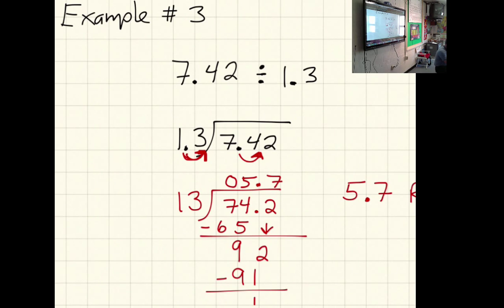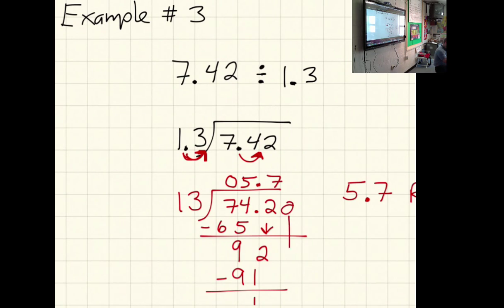That's complicated. Therefore, for today, we're going to leave it right there. Because you can't have a decimal and then a fractional remainder. We'd have to figure out how to make those two things work. You could keep going.